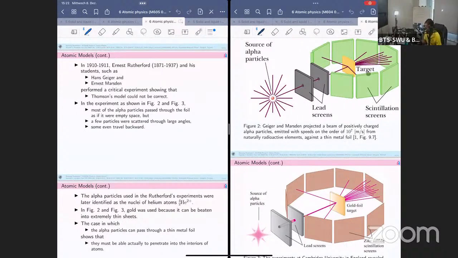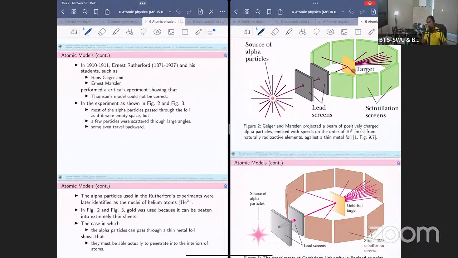Yes, the reason behind this selection is the following. Of course, we want to observe the behavior of the atom, right? So that we could build up a good atomic model.